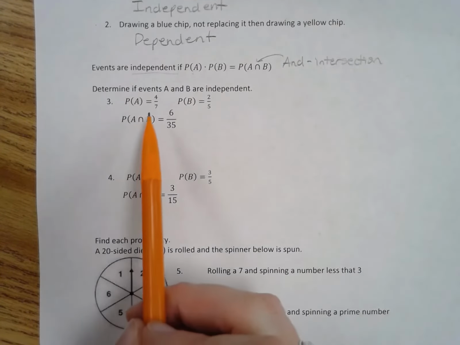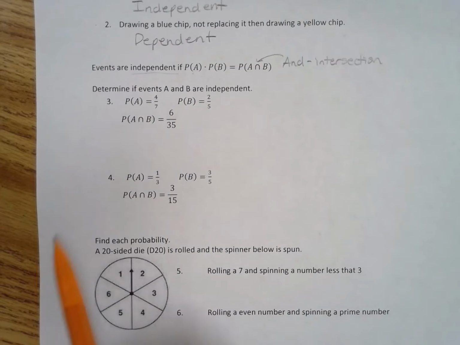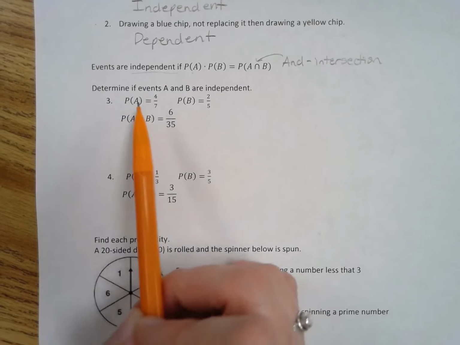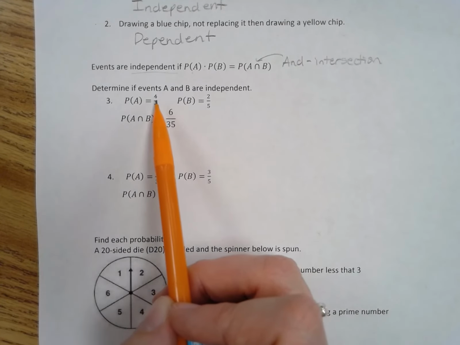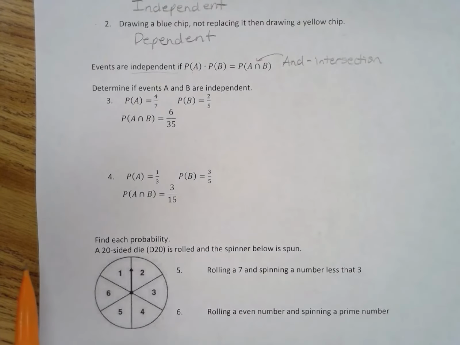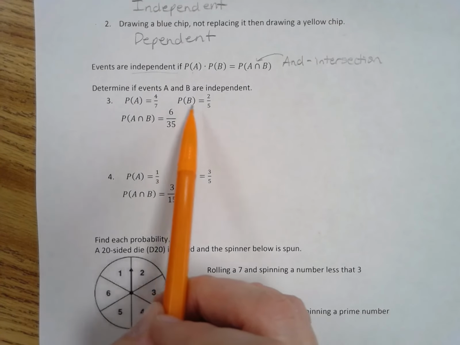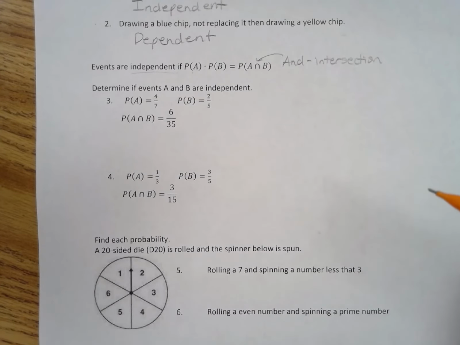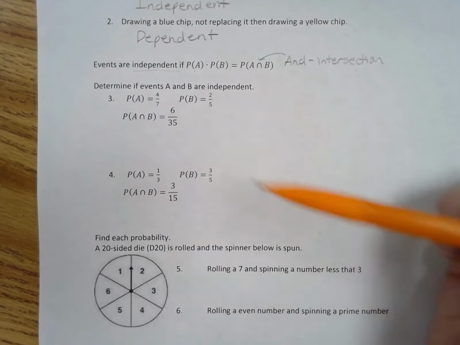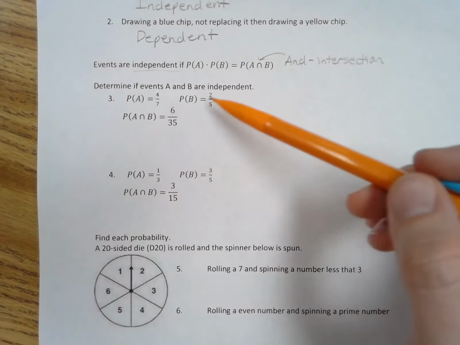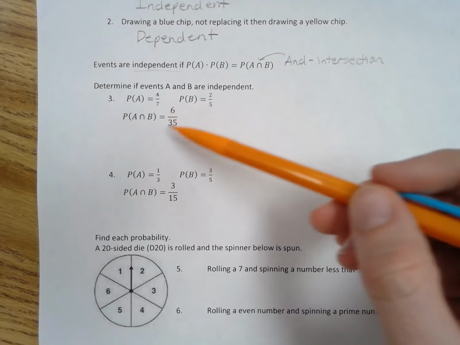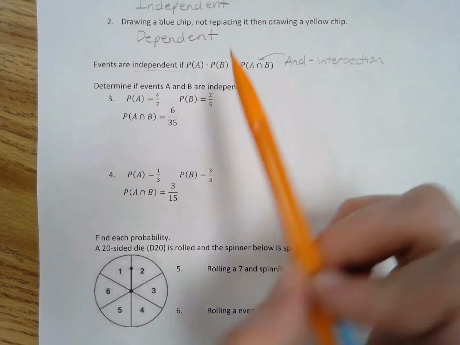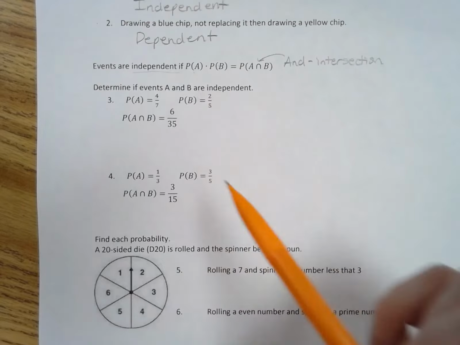So let's see if we can determine if these events are going to be independent. We've already got calculated for us the probability of A, so maybe the chances of getting a green is 4 out of 7, and the probability of rolling a number less than 3 is 2 out of 5. So we've already calculated probability, and then the intersection has already been given. So we can determine if these are independent by multiplying the two probabilities together.